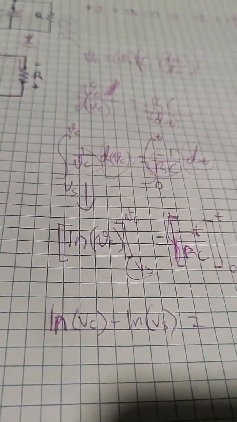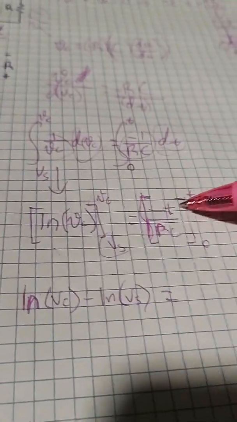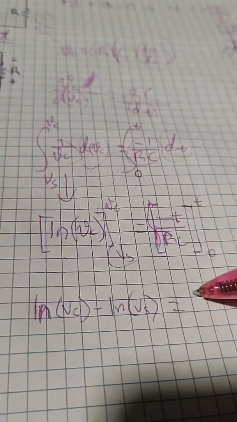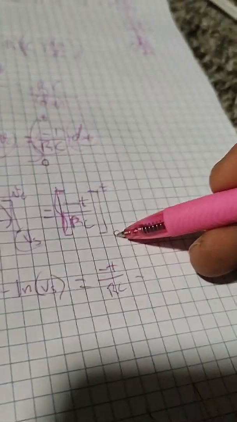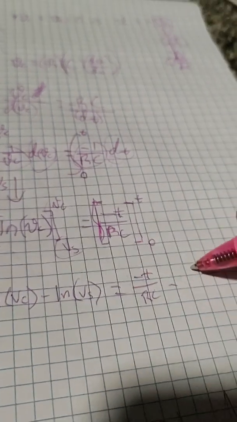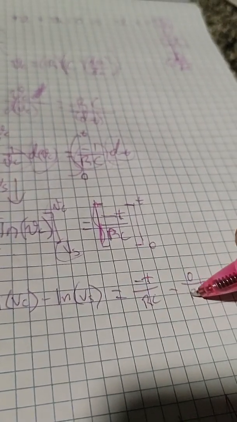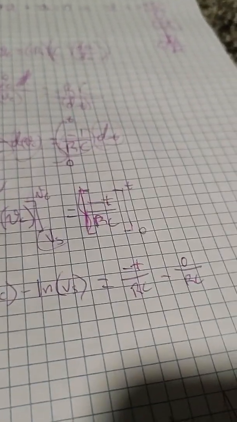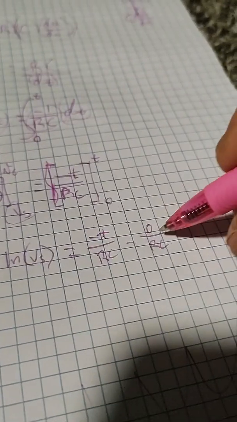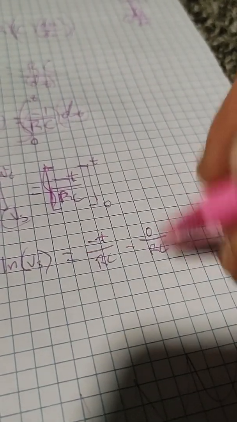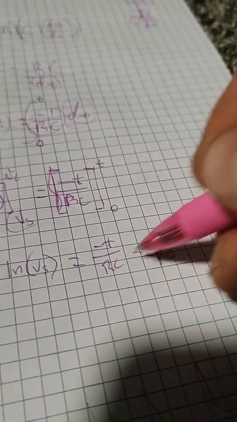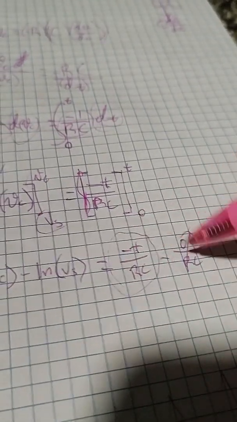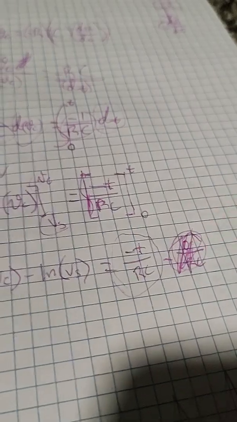Is equal to, now we plug T into here, so we get negative T over RC minus, then we plug 0 into here, 0 over RC. And 0 over anything is 0. And anything minus 0 is just that, anything. So this whole entire term cancels out.